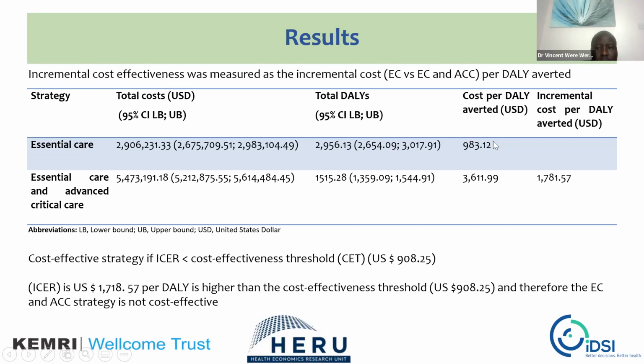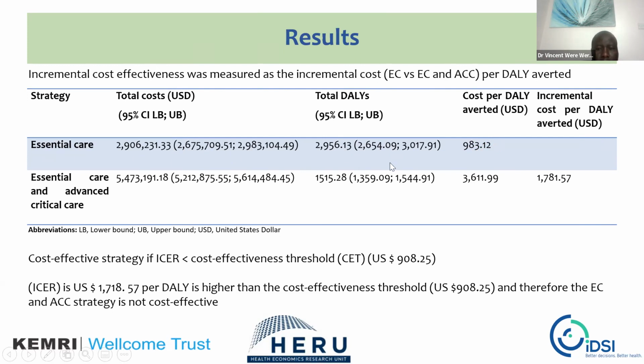So the difference in terms of the costs of the two interventions is 369. Sorry, no, we haven't shown that. But the cost per DALY is the total cost divided by the DALYs. So for essential care, you need $983 per DALY that you save.